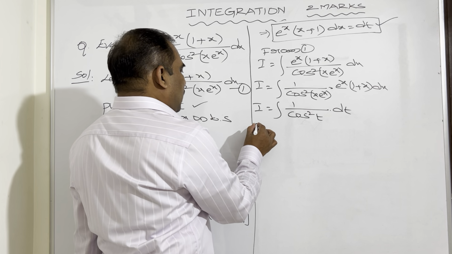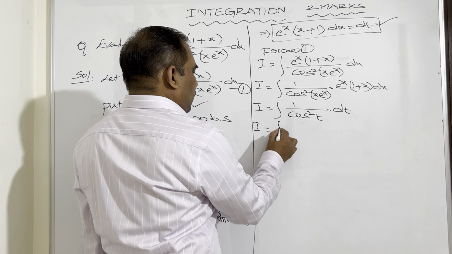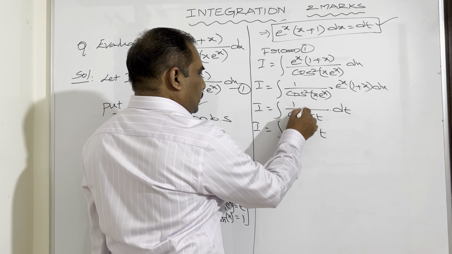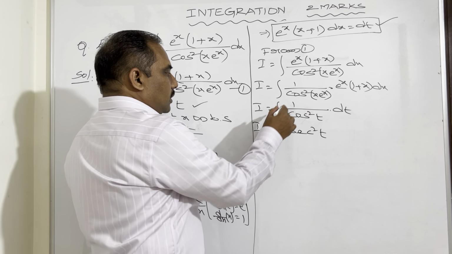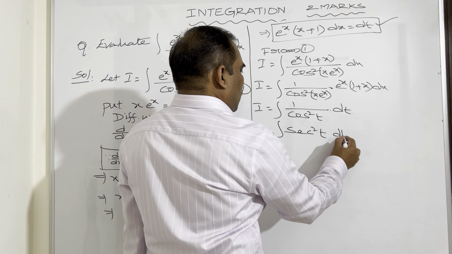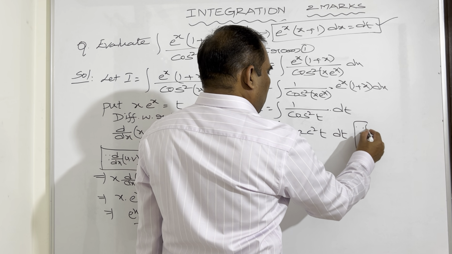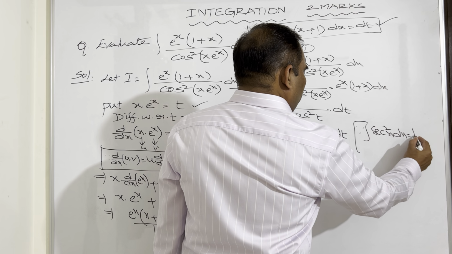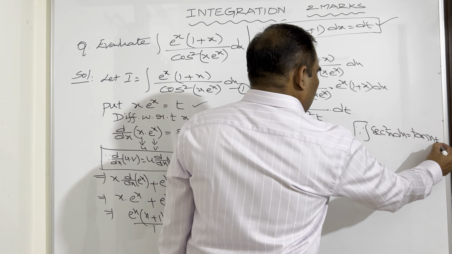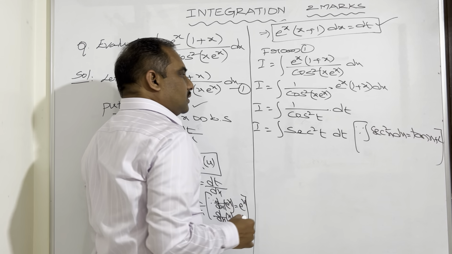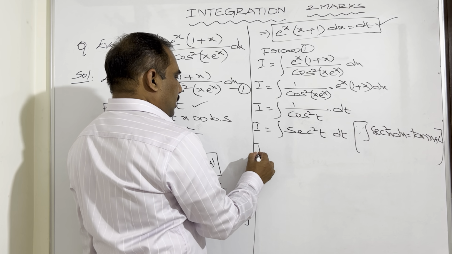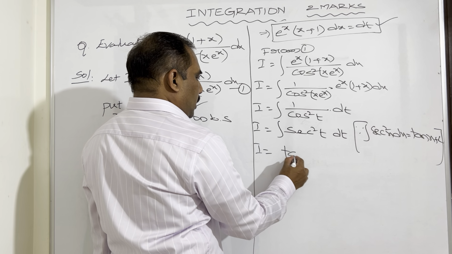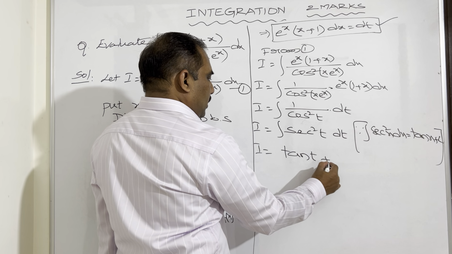Now clearly I is equal to integral of sec² t dt, since 1 by cos is nothing but secant. We know the standard form: integral of sec² x dx is equal to tan x plus c. So we can write it as tan t plus c.